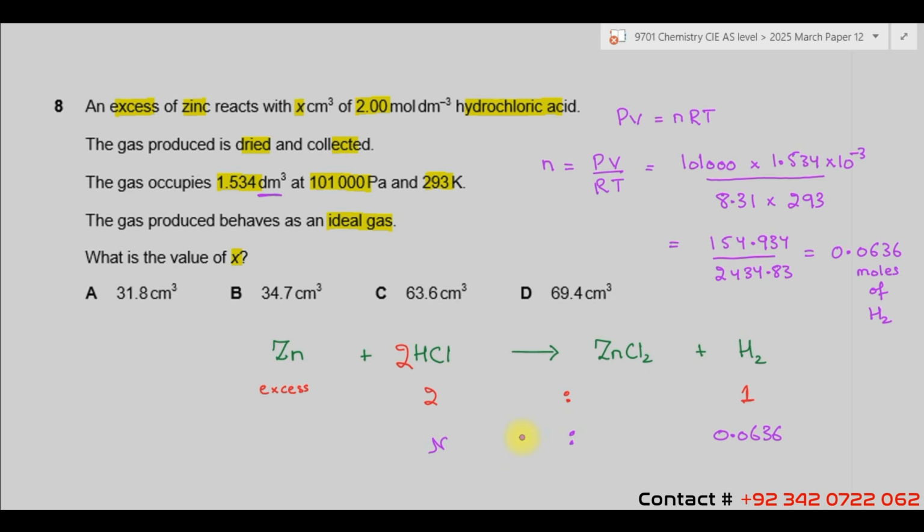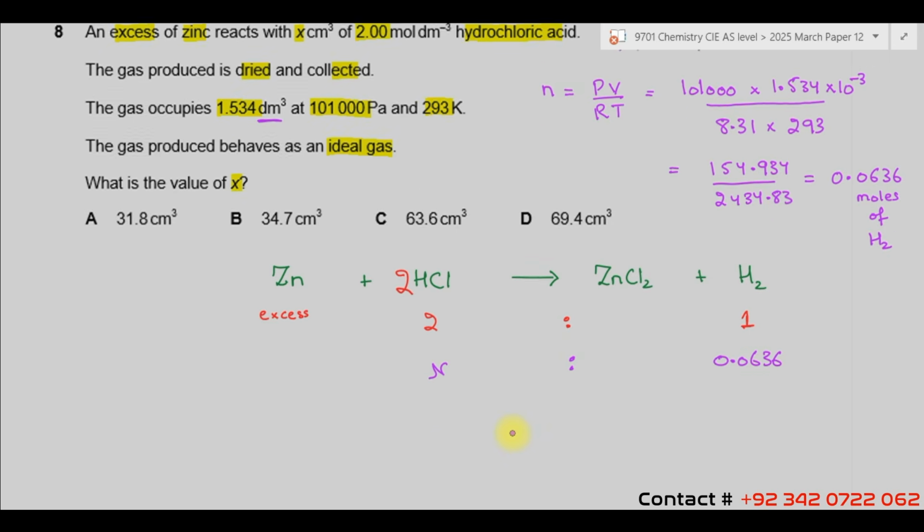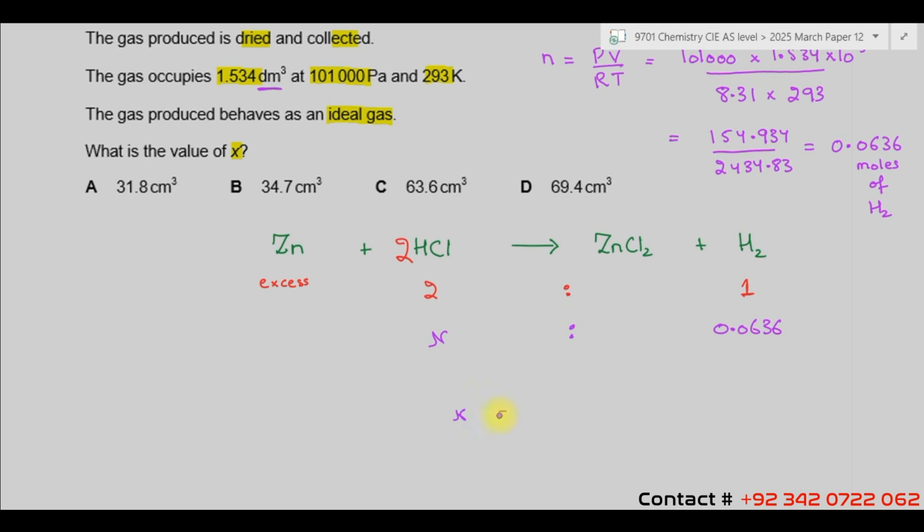Let's cross multiply. So it is 0.12726. These are the moles of HCl.